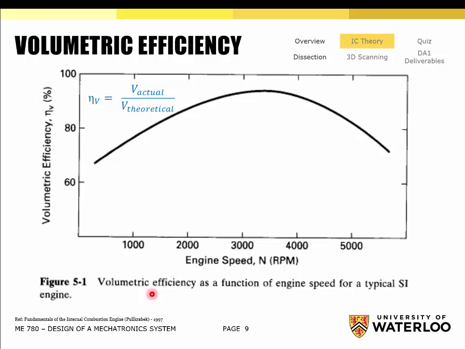So the engine doesn't actually breathe in 3 liters all the time. It might breathe in 2.89. So if you take V actual, which might be 2.89, over V theoretical, which is 3, it gives you this volumetric efficiency. It might be anywhere between 70 and 90%, depending on the style of engine and how good all of the systems are designed.